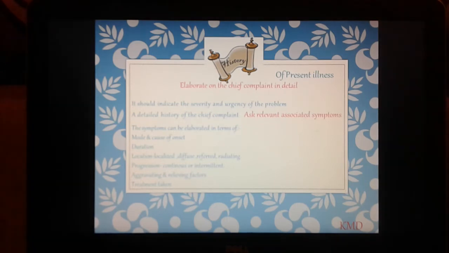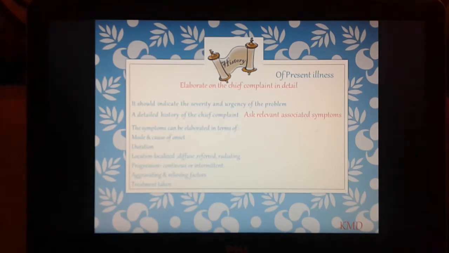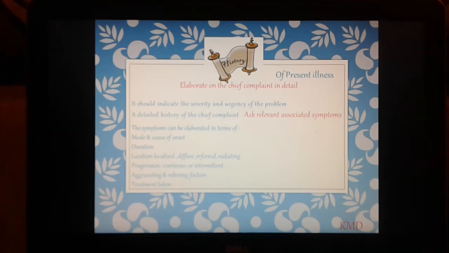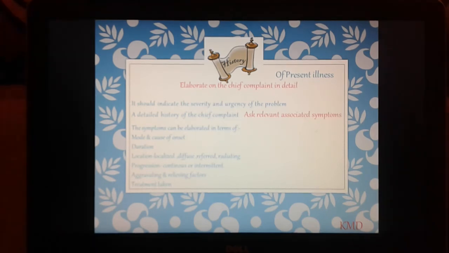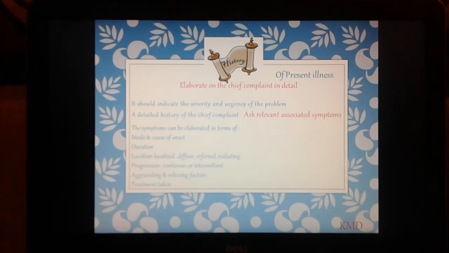And here of course when I say radiating, I'm referring to the pain aspect, and also the progression and its nature in terms of whether it is continuous or intermittent. Then again the aggravating and the relieving factors, and if any treatment has been taken.